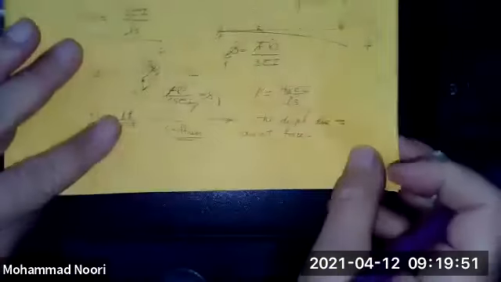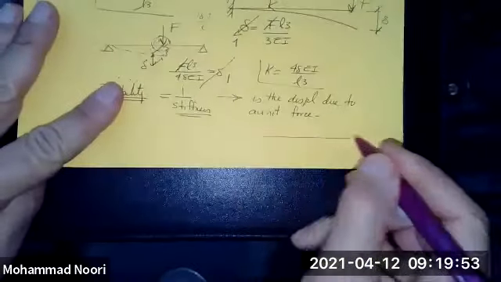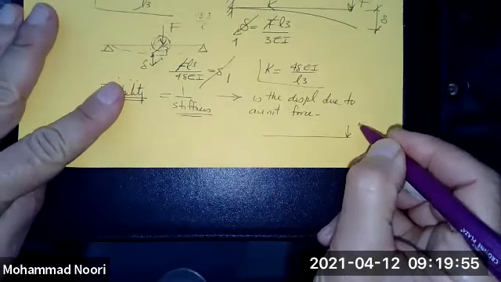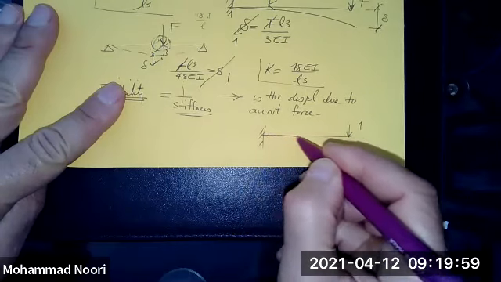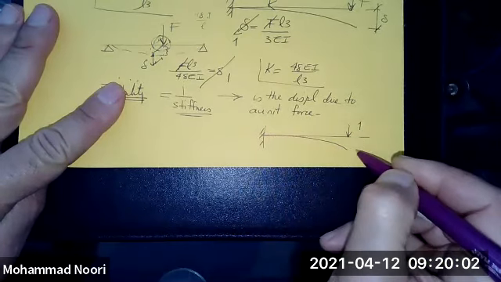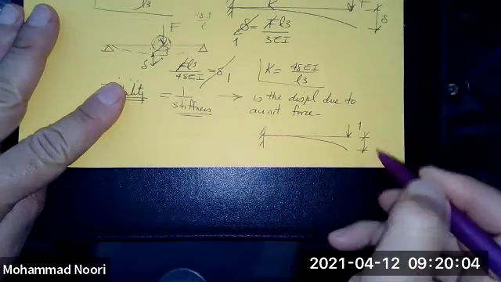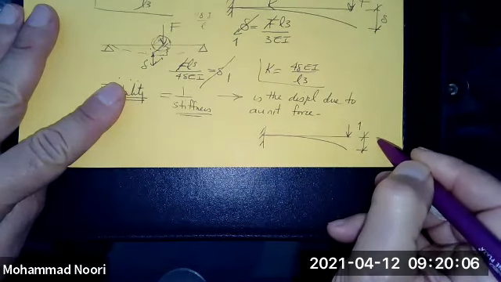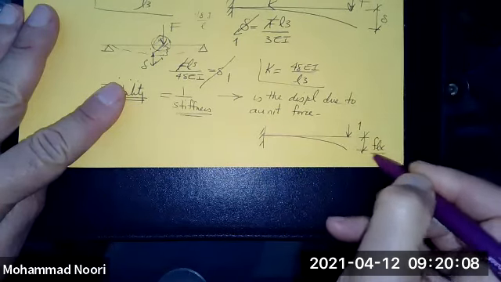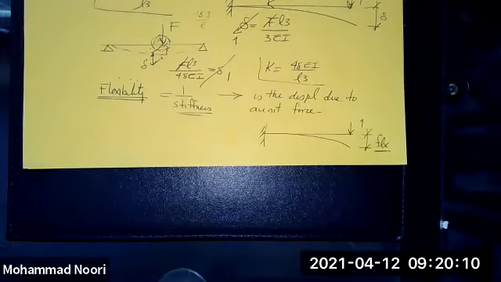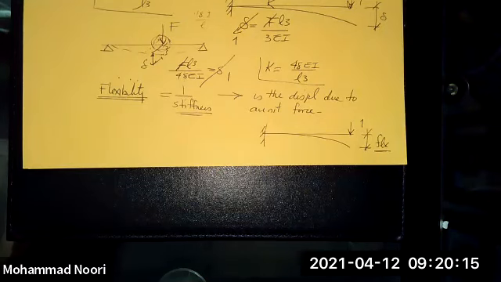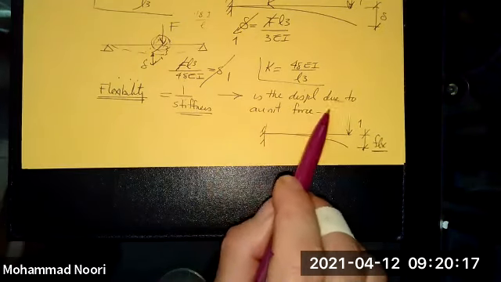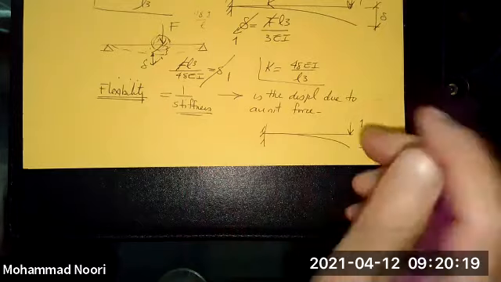So if you, in this beam, for instance, apply a unit force and find the displacement here, okay, that is called flexibility. So it's the displacement due to a unit force.